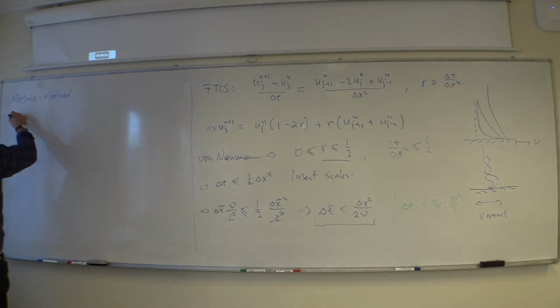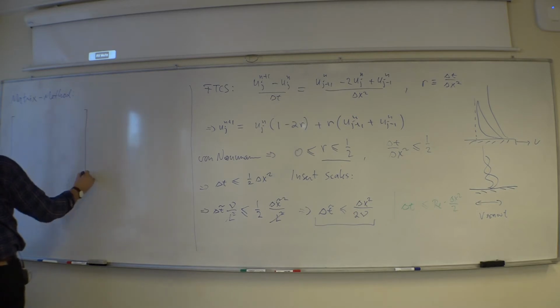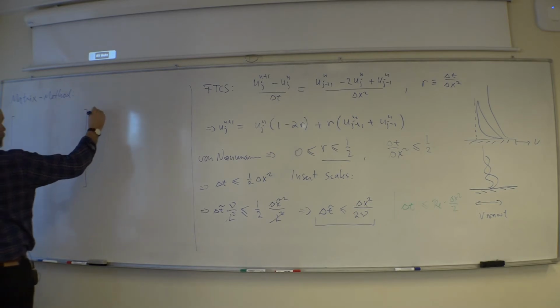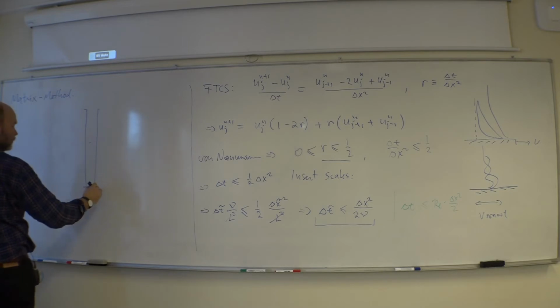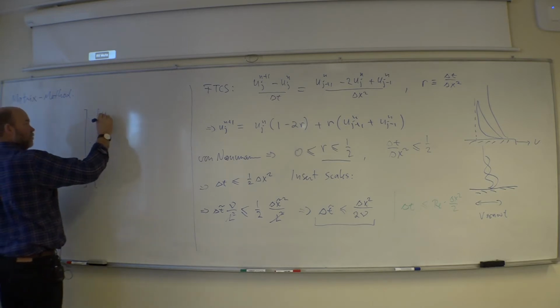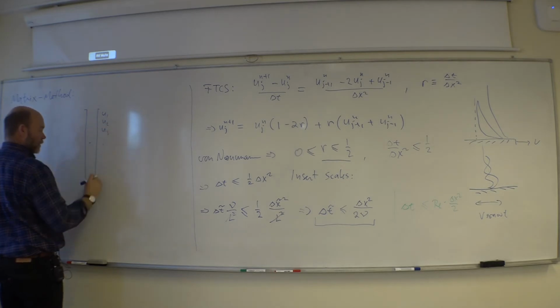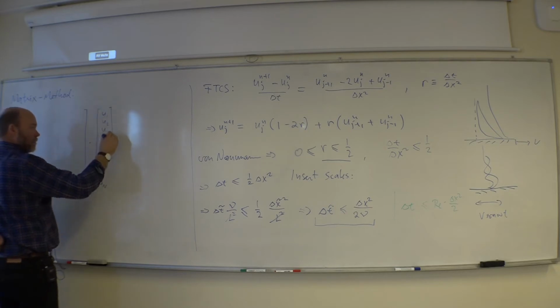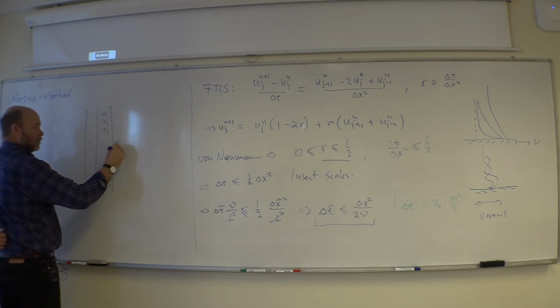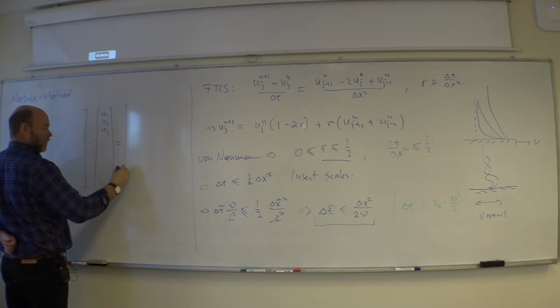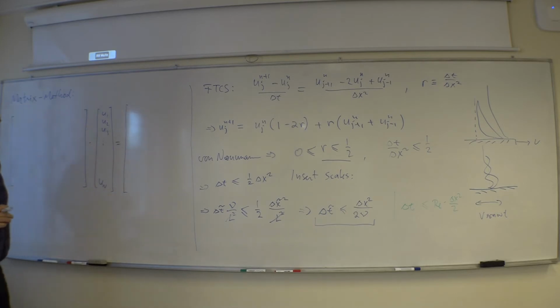Well, you'll have one huge coefficient matrix multiplied with, and here come now all your unknowns. U1, U2, U3, all the way down to UN or whatever. Equals, and then you'll have the right-hand side.